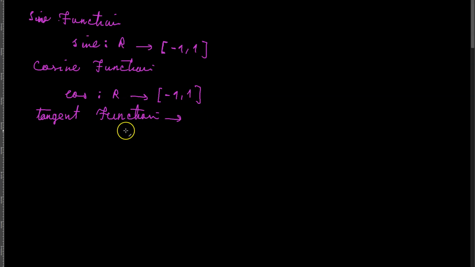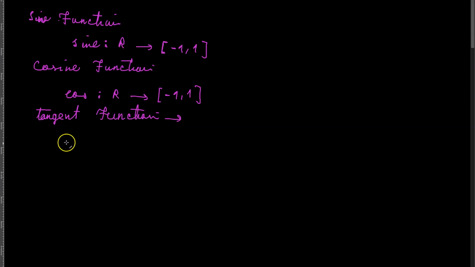we defined it as, so we said that all the odd multiples of pi by 2 are going to be taken out of the domain of the function, but otherwise the range of the function is the set of real numbers.